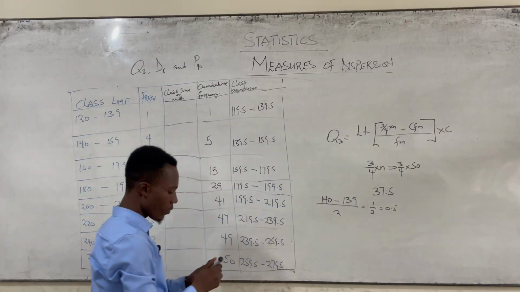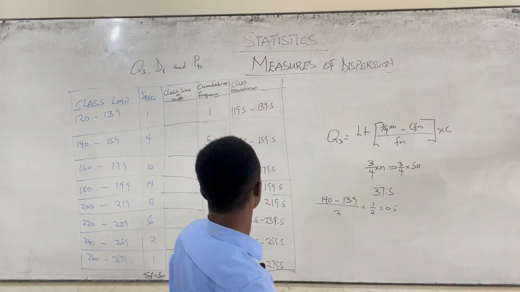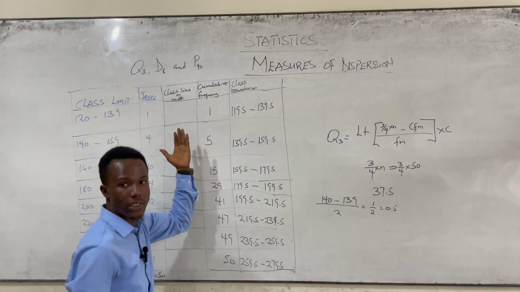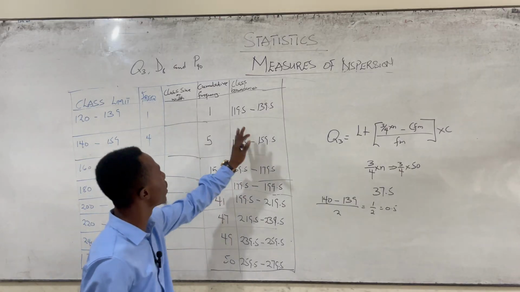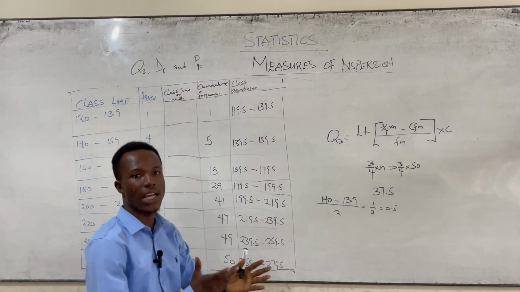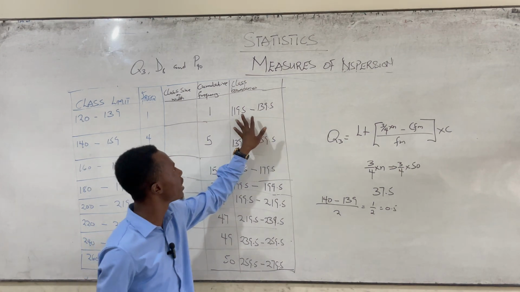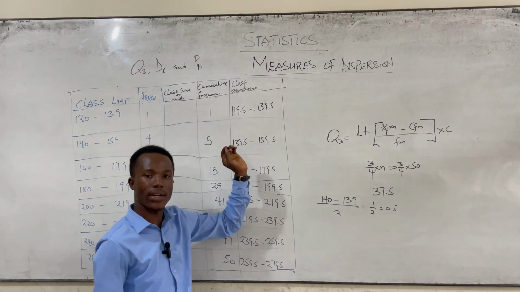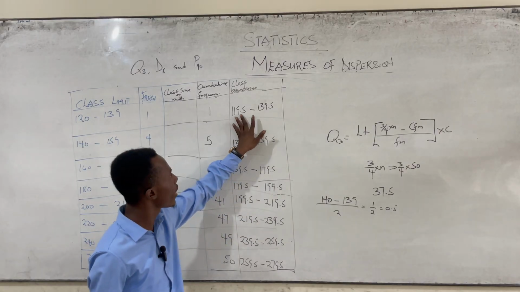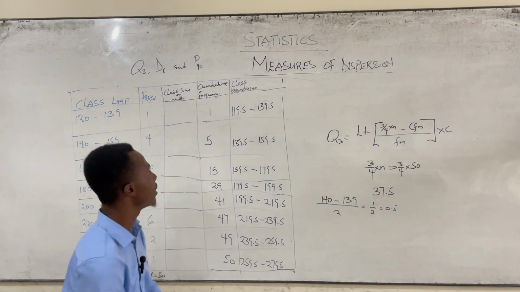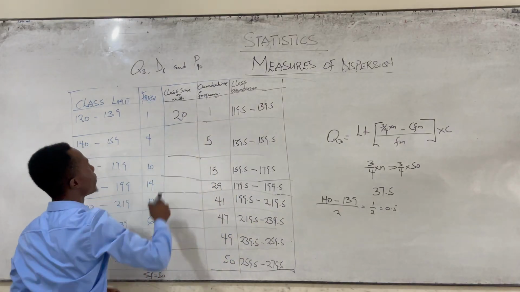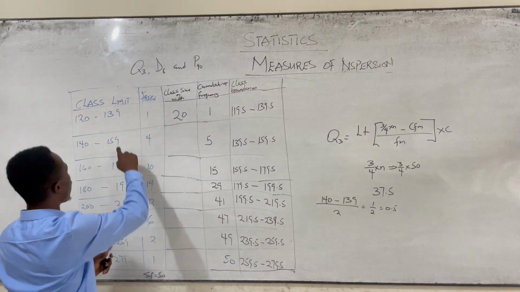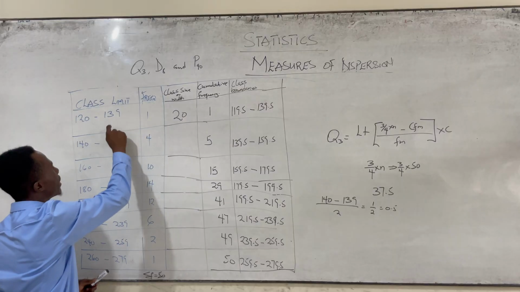So we said before that the class size or the class width is the difference between the class boundaries. So if you calculate the difference, that is 139.5 minus 119.5, you are going to get 20. It's the same thing when you subtract this and this.